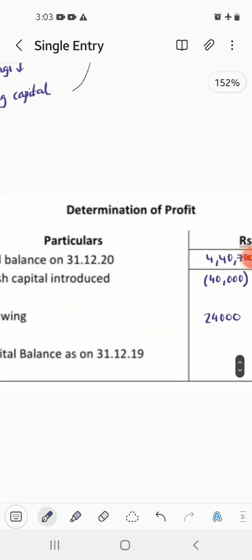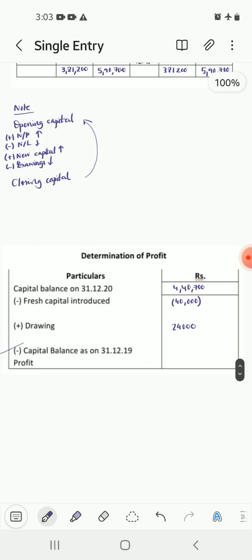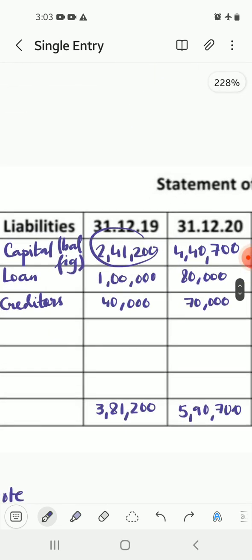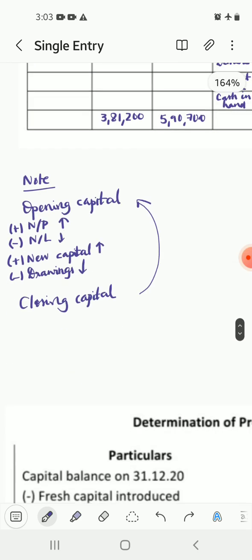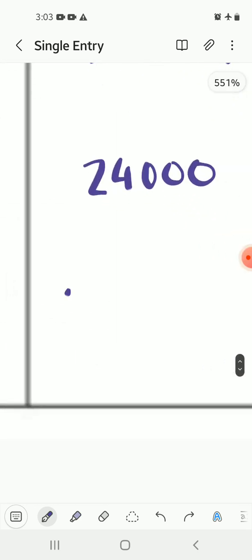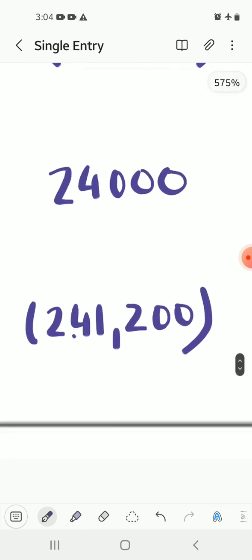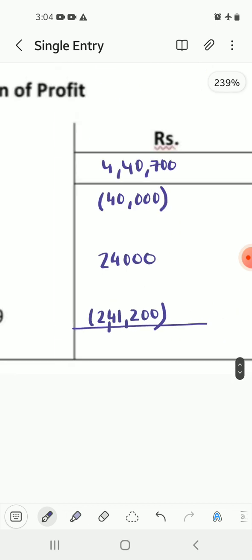And lastly, we have to see the capital balance, because to find the net profit we have to deduct the capital we had started with, as that already existed. That is why the capital balance as on 31/12/19, the opening capital, needs to be deducted. Opening capital was 2,41,200, which we write within brackets.